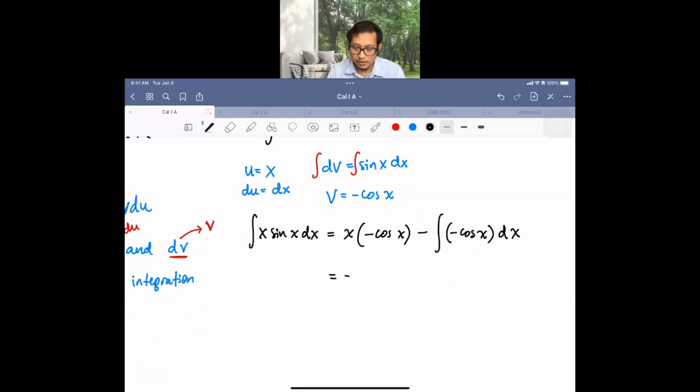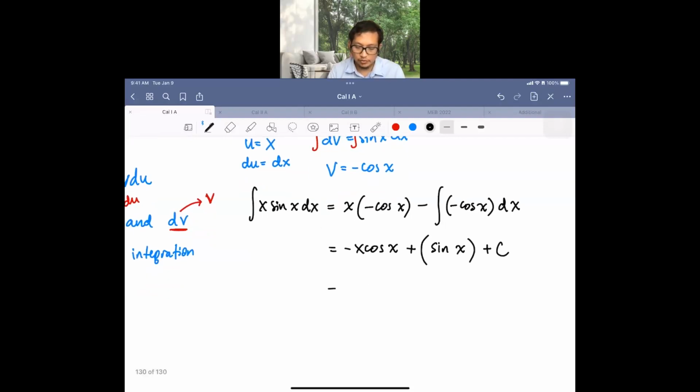I will write this minus cosine x multiplied with x as minus x cosine x. This will be plus the integration of cos x, which is sine x, right? And then we can take plus c. So we could write sine x minus x cos x plus c.